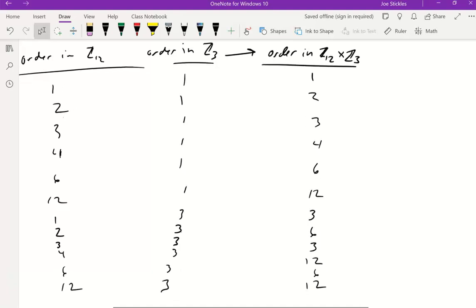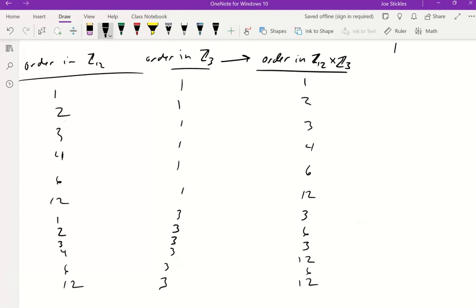Finally here, in my last column, let's count how many there are. How many elements are there of order 1 in Z12? 1, and then how many elements are there of order 1 in Z3? 1.